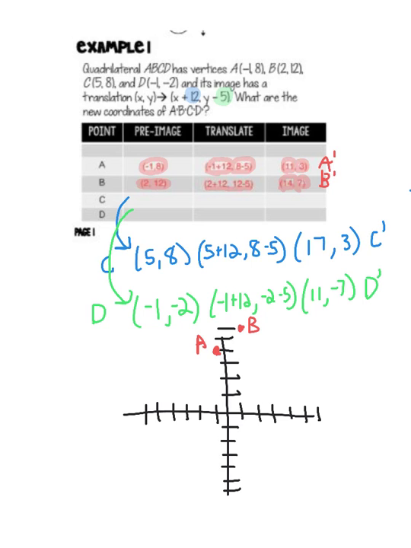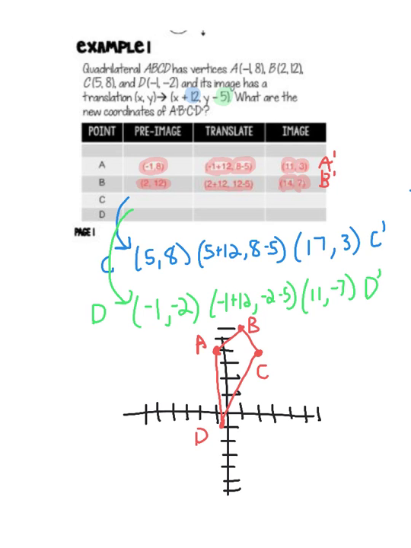So point B. Point C is at 5, 8. And point D is at -1, -2. You can connect all of these points, and we get a quadrilateral, something with 4 sides.